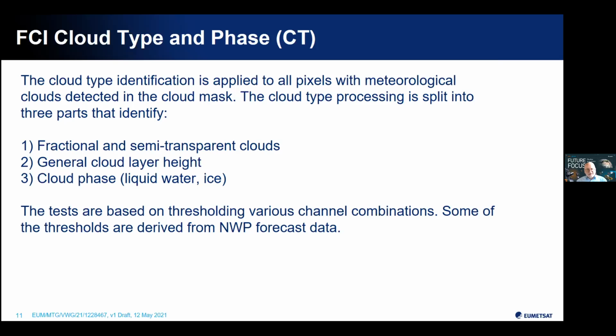And of course, the cloud phase, which is liquid water and ice, or the information of dust and ash from the cloud mask. The tests are based on thresholds again, and different channel combinations, and most of the thresholds are coming from forecast data, in our case ECMWF forecast data.